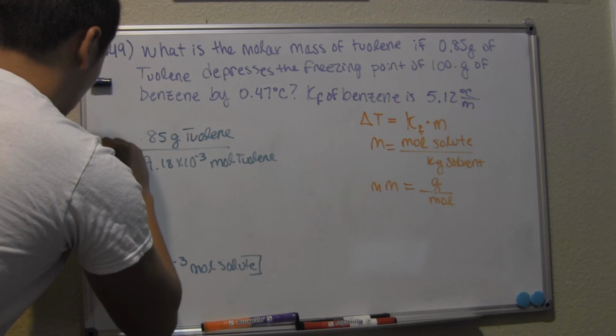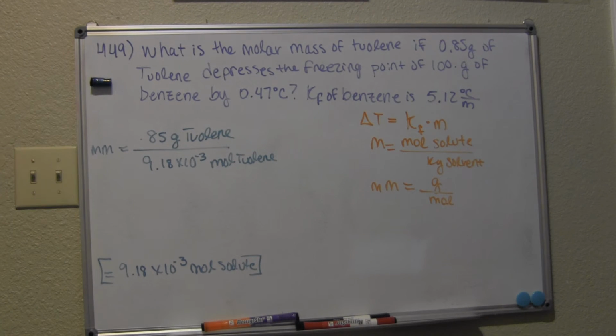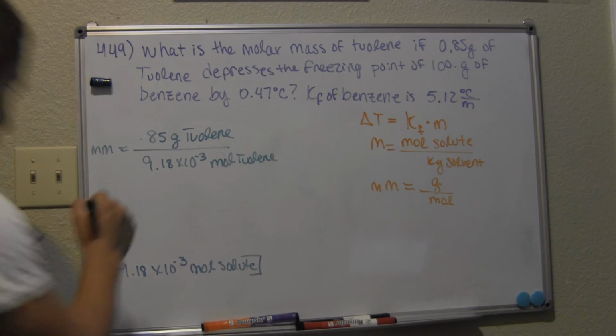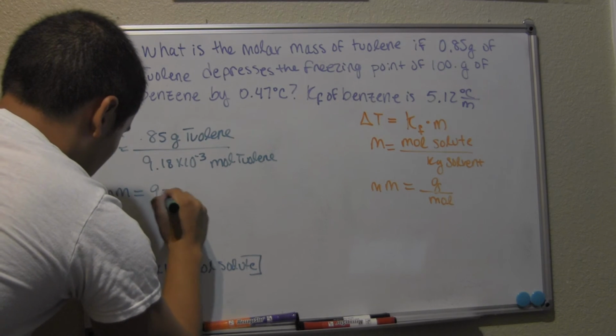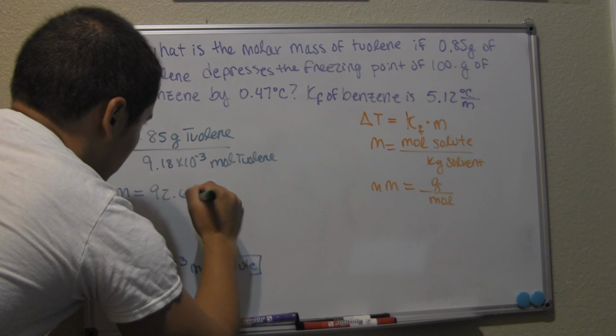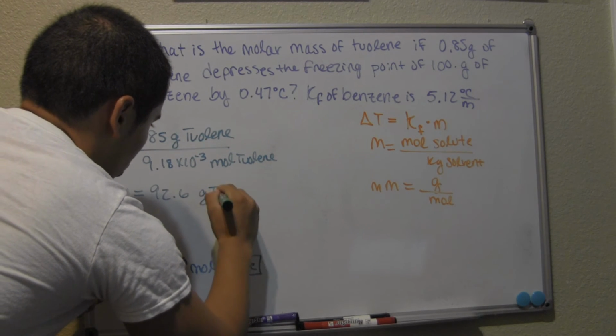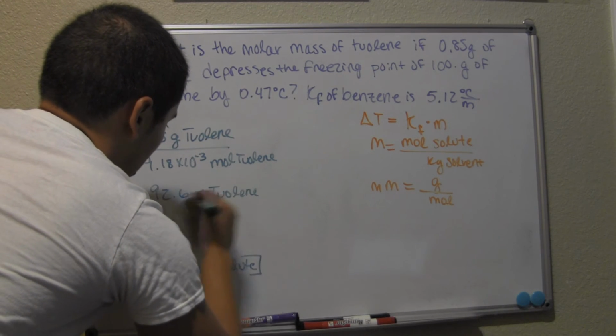Let's punch that into the calculator. 0.85 divided by that gives us 92.6. So the molar mass is equal to 92.6 grams of toluene per mole.